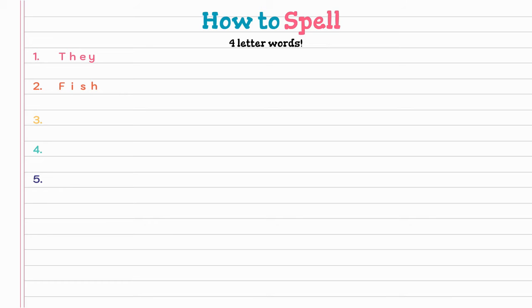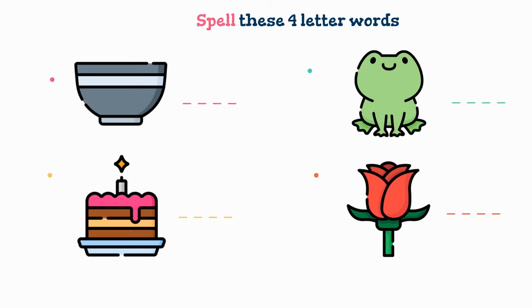Our third word is king. This spells king. Our fourth word is duck. This spells duck. Our fifth word is good. This spells good.